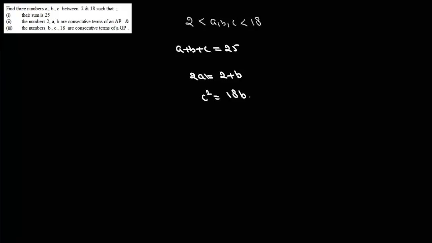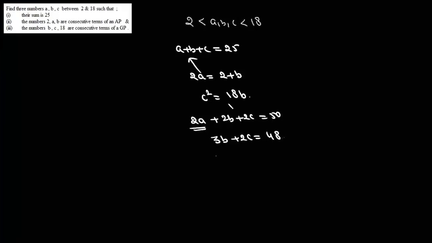Now what we'll do is, we'll put the value of A in this equation. We'll multiply it with 2. So we'll get 2A plus 2B plus 2C equals 50. And 2A is B plus 2. So there will be 3B plus 2C equals 48.